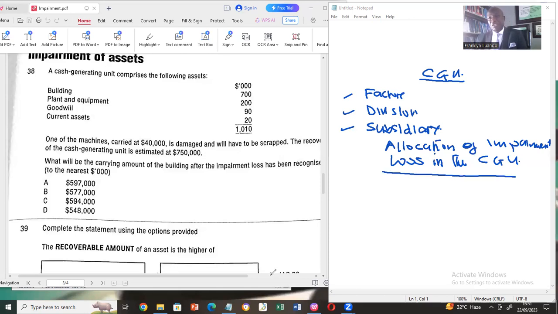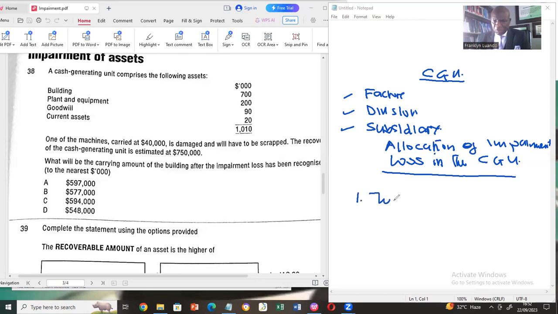It is very important to consider the factors surrounding the loss. First, I'm going to consider a situation where there are assets which are obviously impaired. Where there are assets which are obviously impaired, the allocation will be in this order.